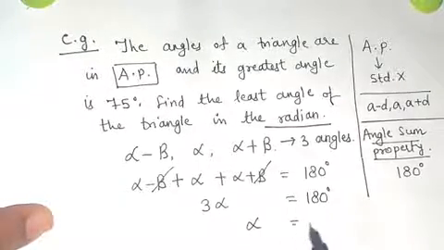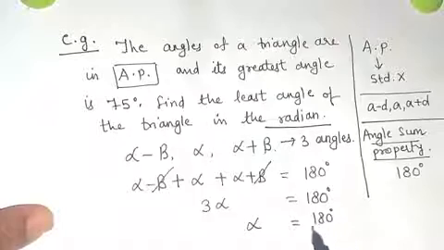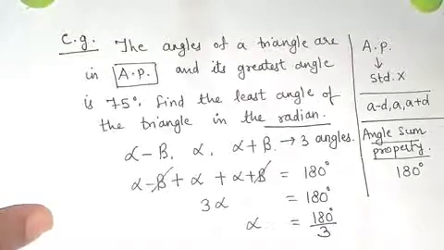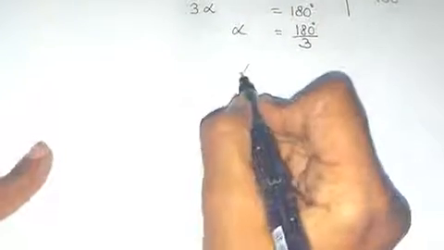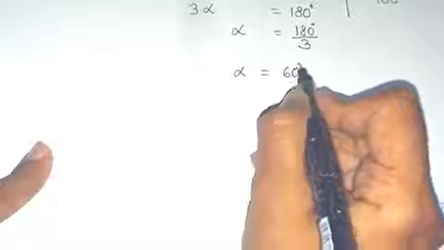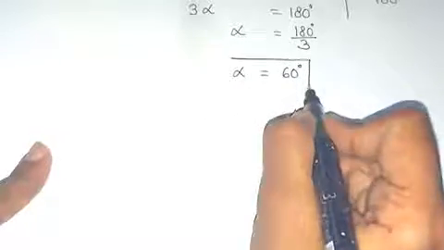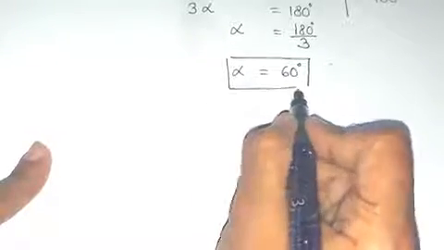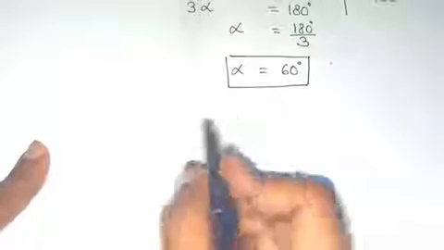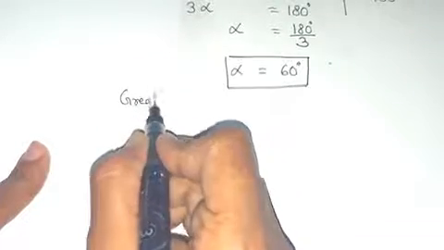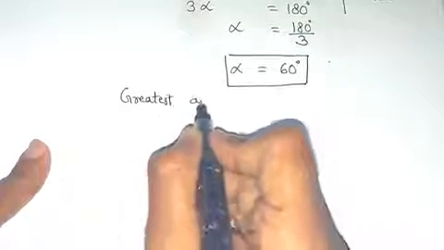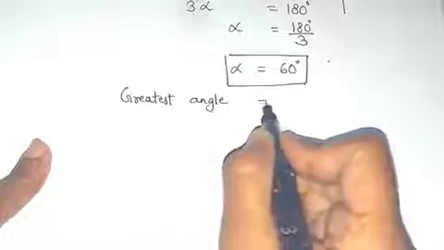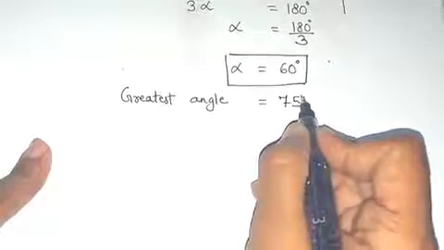So alpha equal to 180 degree divided by 3, hence alpha equal to 60 degree. So we have got the value of alpha. Now it is given that the greatest angle of the triangle is 75 degree.